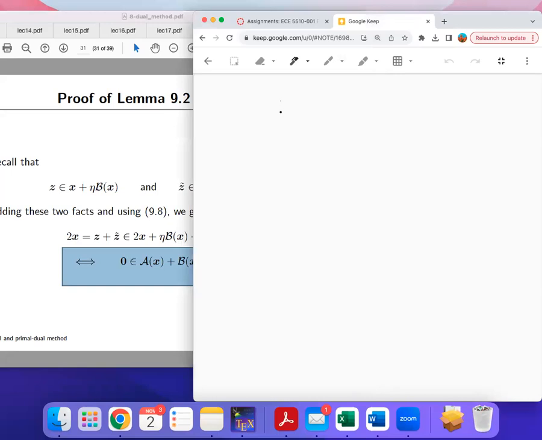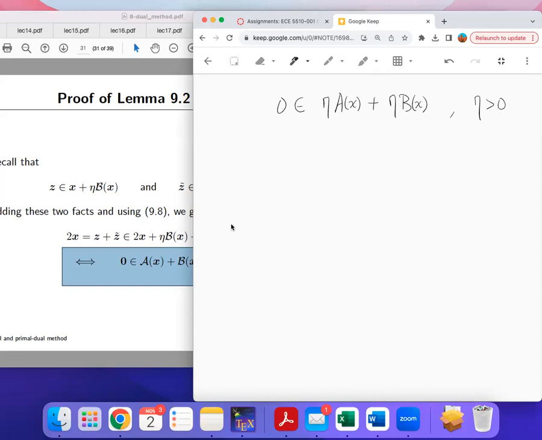First of all, this is equivalent. I can look at eta times Ax plus eta times Bx. Eta is bigger than 0. Just multiplying both sides by a positive constant doesn't change the inclusion equation.